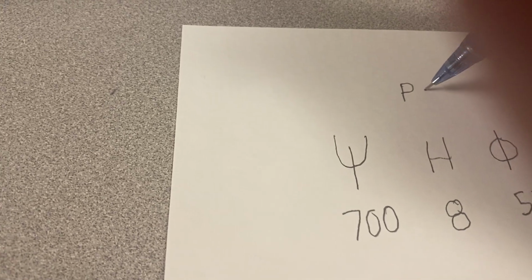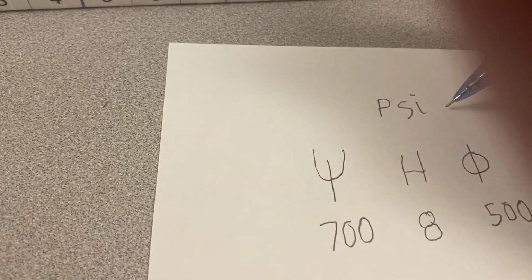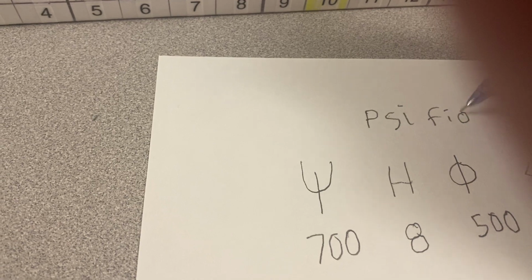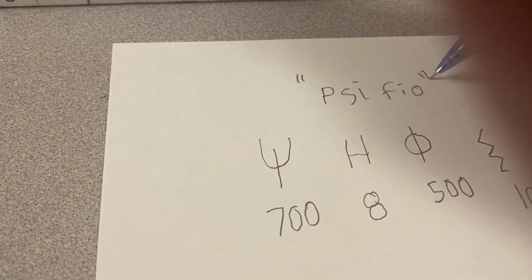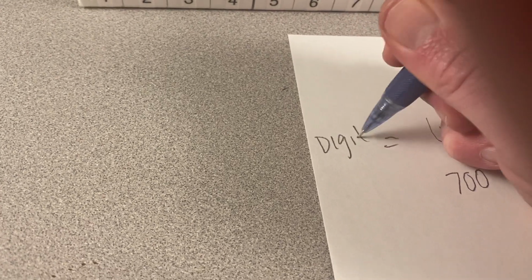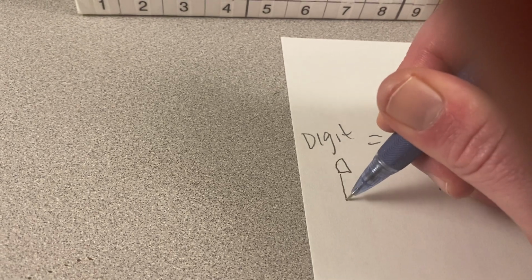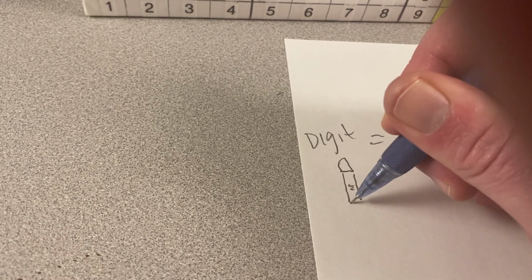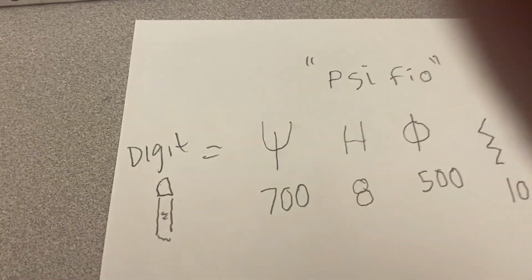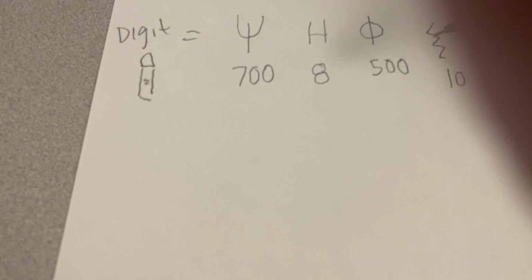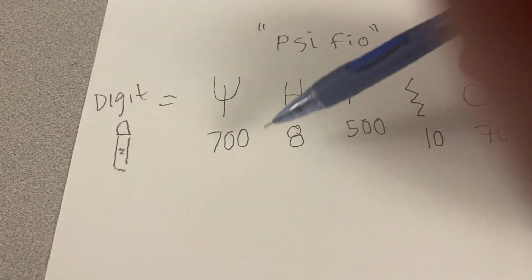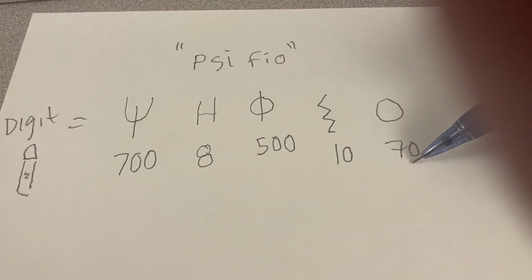And in English, this would be C, phi, O. And this equals digit, or one finger. Cephio. So we add these together, we get 500 plus 700 is 1200, 1270, 1280, 1288.